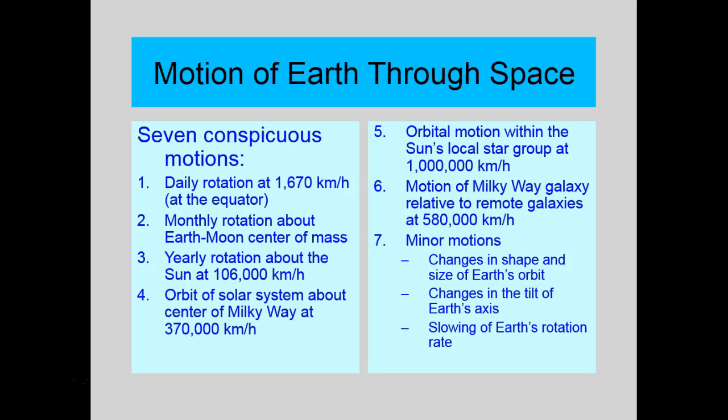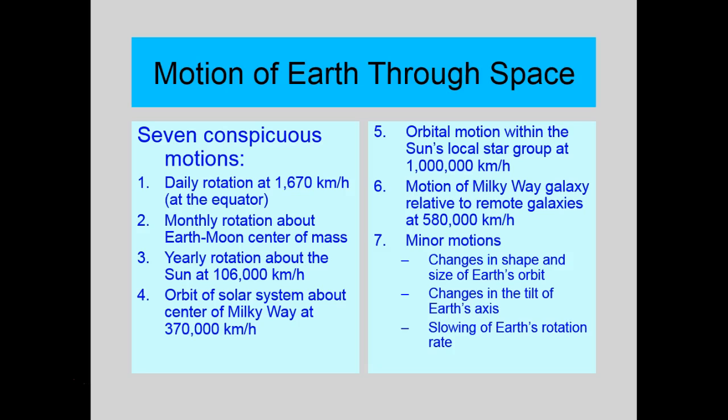A yearly revolution about the sun, in that respect, we're going about 106,000 kilometers per hour, which would be about 60,000 miles per hour. Moving along pretty rapidly there too, folks. Okay? The orbit of the solar system about the center of the Milky Way.